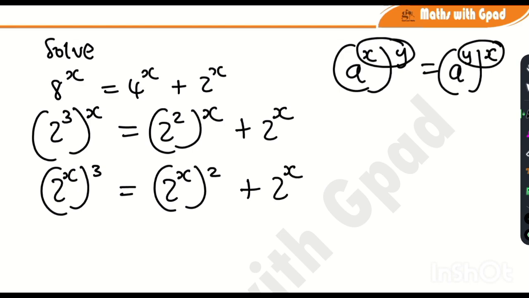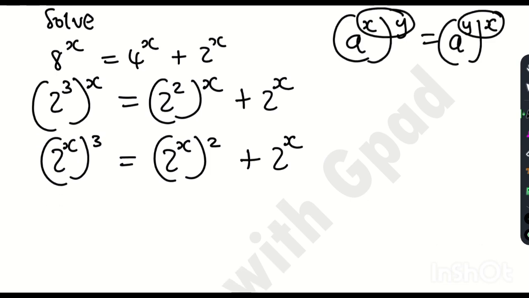Now if you can see, we have that 2 raised to power x is constant, is present in every term. Now to make this a little bit simplified, I'm going to say let p be equal to 2 raised to power x, so that I will have an equation that will be much simplified. So I'll say let p be equal to 2 raised to power x.